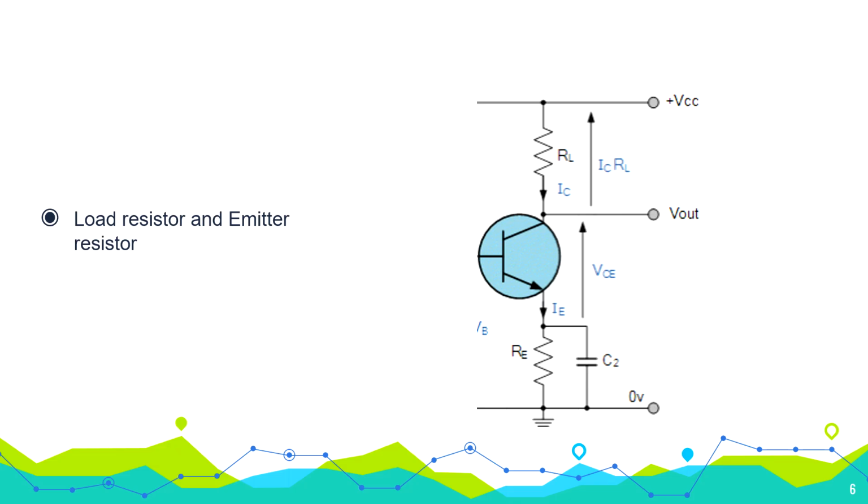It converts current variations to voltage variation, and therefore we get a large amplified collector current at the output terminal. Meanwhile, resistor RE, that is emitter side resistor, provides thermal stability to the circuit. Since a large amount of current flows through the terminal of emitter, the combination of resistor and capacitor C2 acts as a thermal stability for this common emitter configuration circuit.